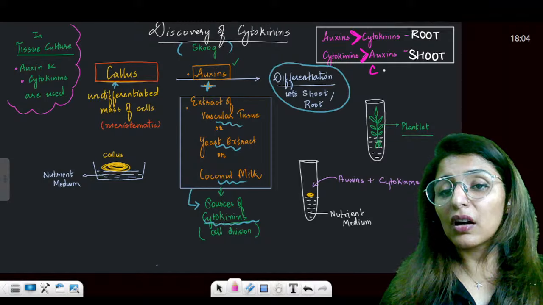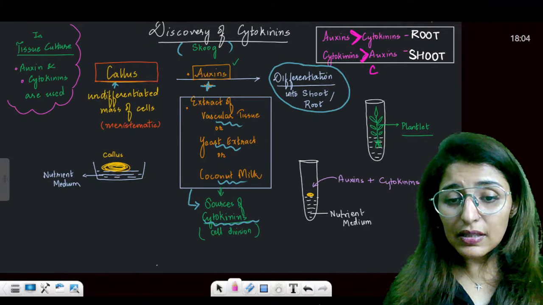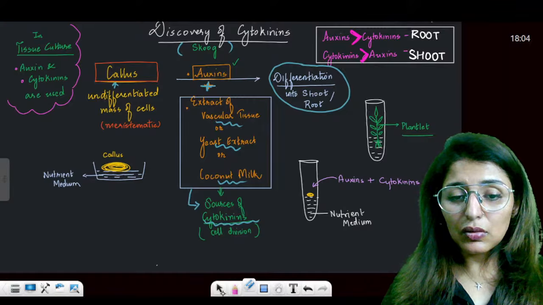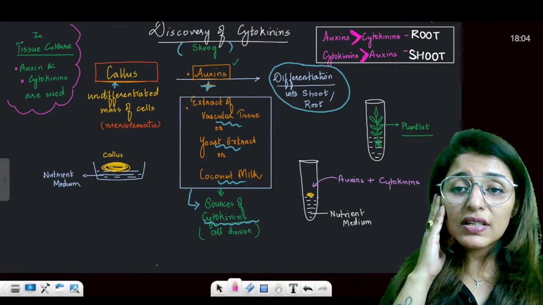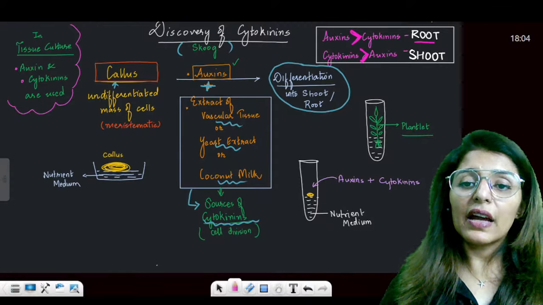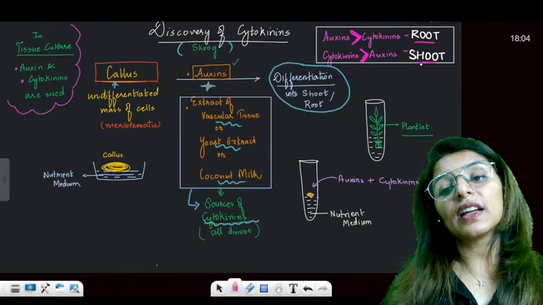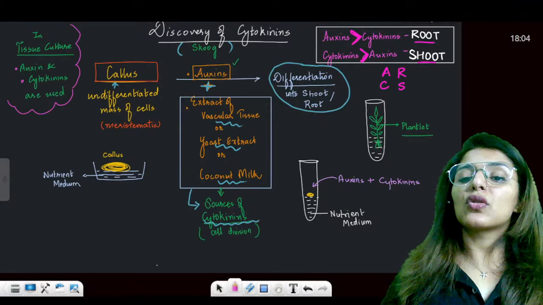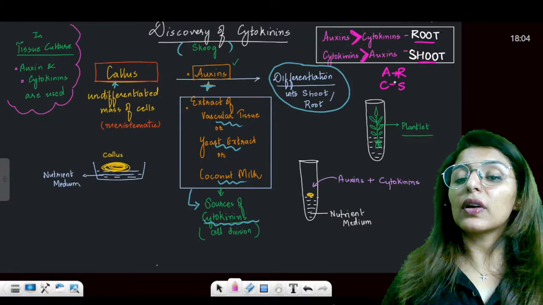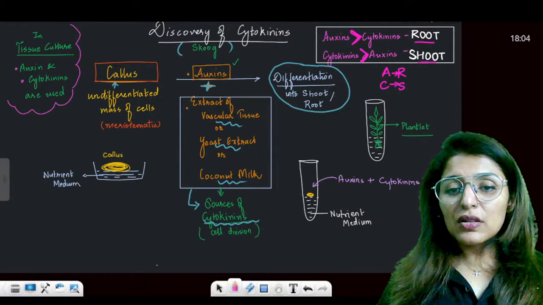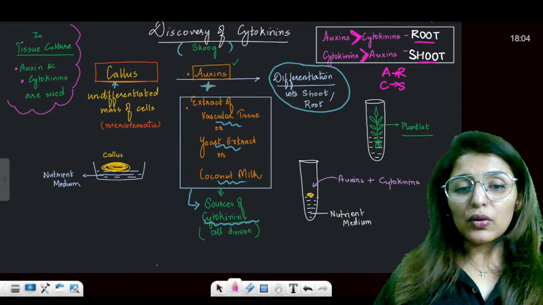So this ratio is important. If the auxin to cytokinin ratio is high, it leads to rooting, and if cytokinins are more, it leads to shooting. Can you remember ARCS? Auxins more, then rooting; cytokinins more, then shooting. Can everyone remember that? So this is the discovery of cytokinins.